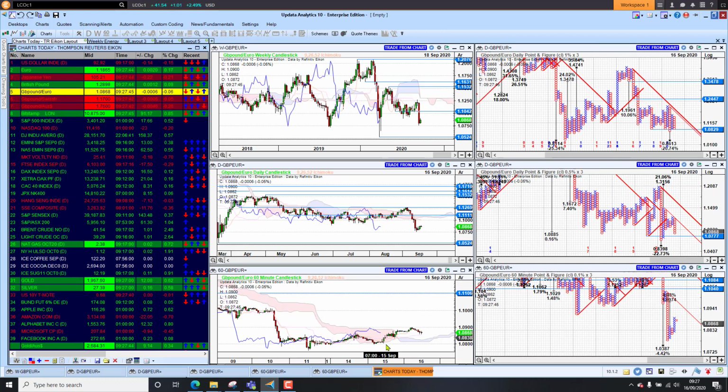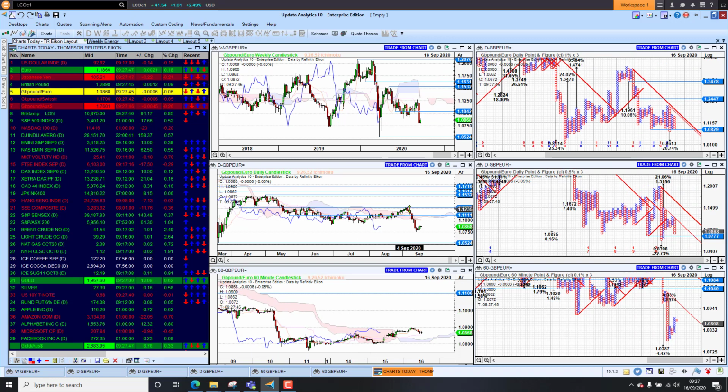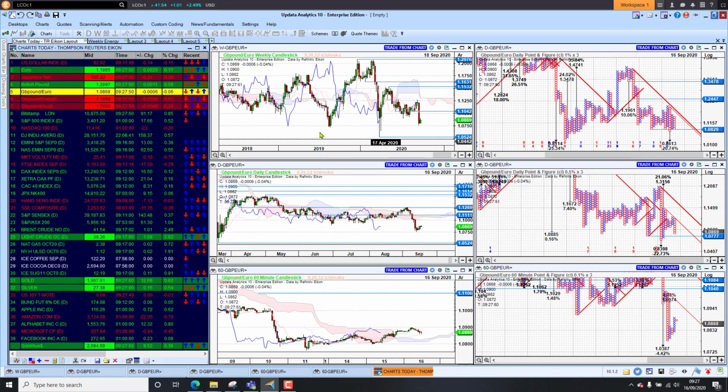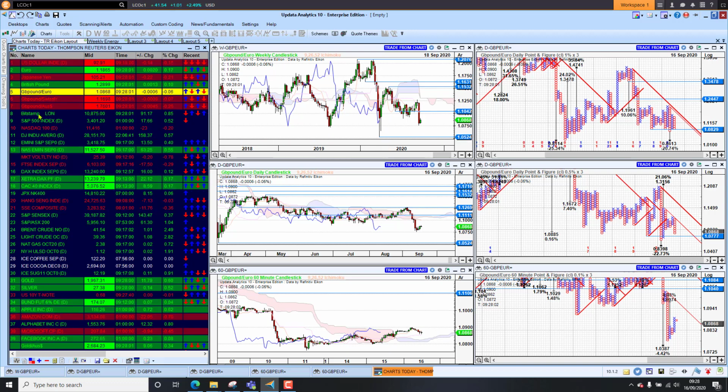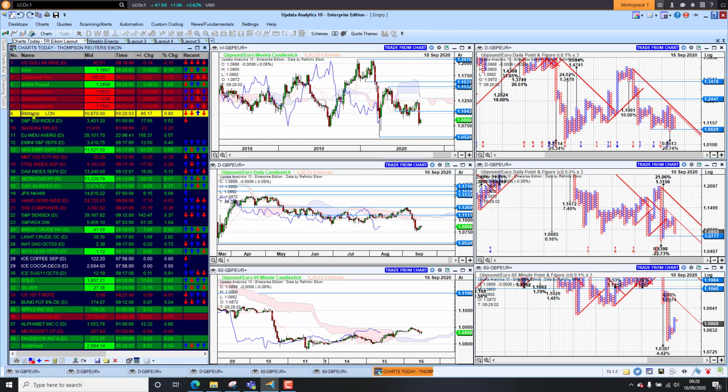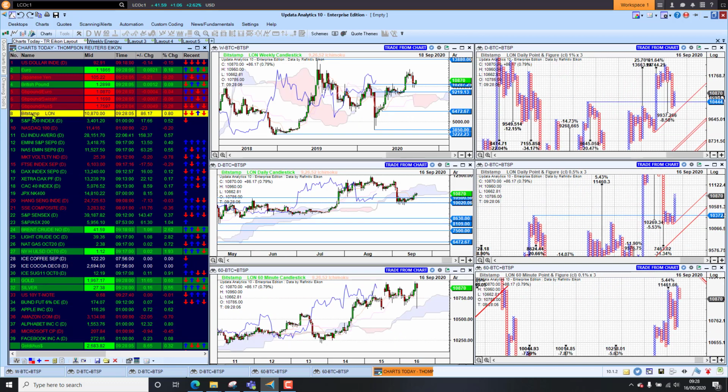So sterling weakness still really continues. We've had a pretty tough September against the euro, and this low of 107 that we saw last year is under attack, and that then leaves the lows we saw earlier this year. Brexit weighing heavily, of course, on the UK currency. Bitcoin has increased to $10,800, so it's starting to look quite good.